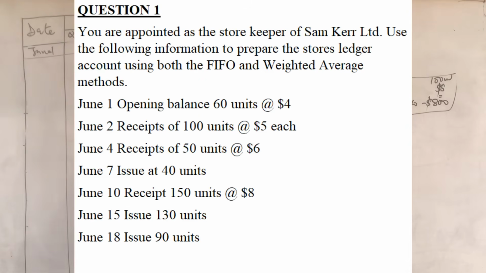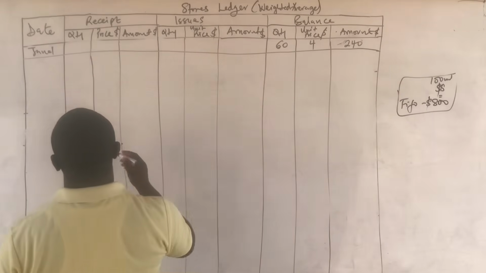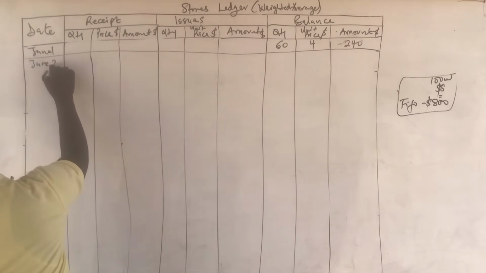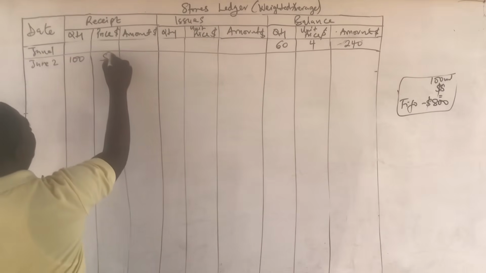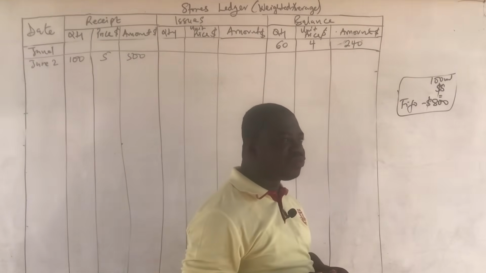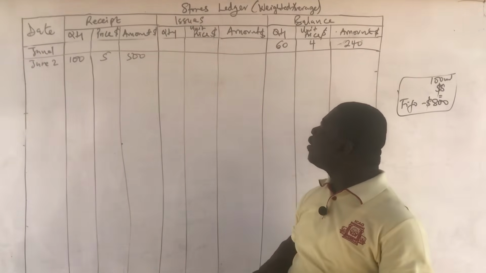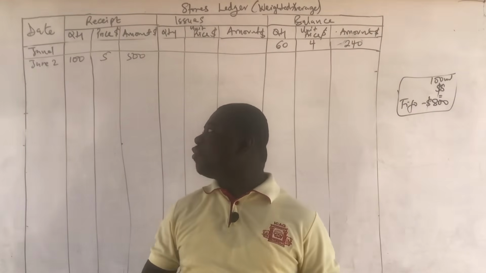And then on June 2nd, we have a receipt of 100 units at $5 each, giving us 500. Now, when we come to the balance column, this is how to go about the average.